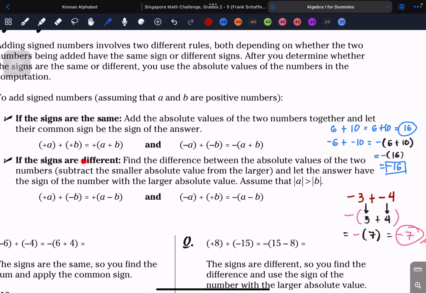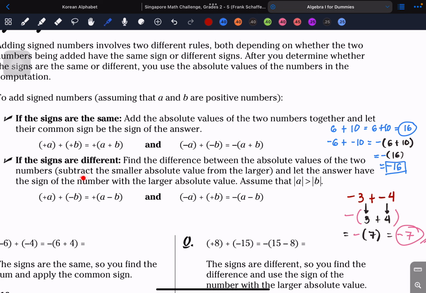So, ang unang step kapag nag-a-add ka ng magkaibang sign na numbers, ang gagawin mo ay kukunin mo yung absolute value nilang dalawa.